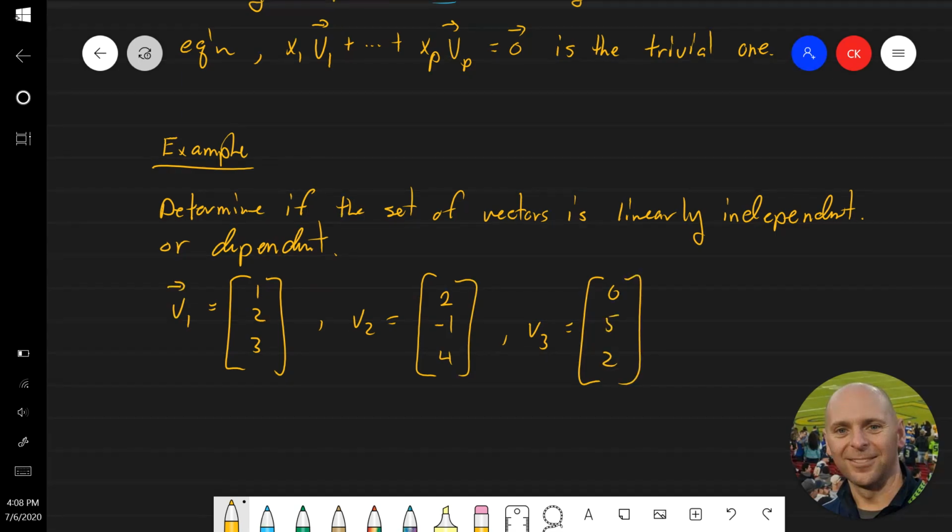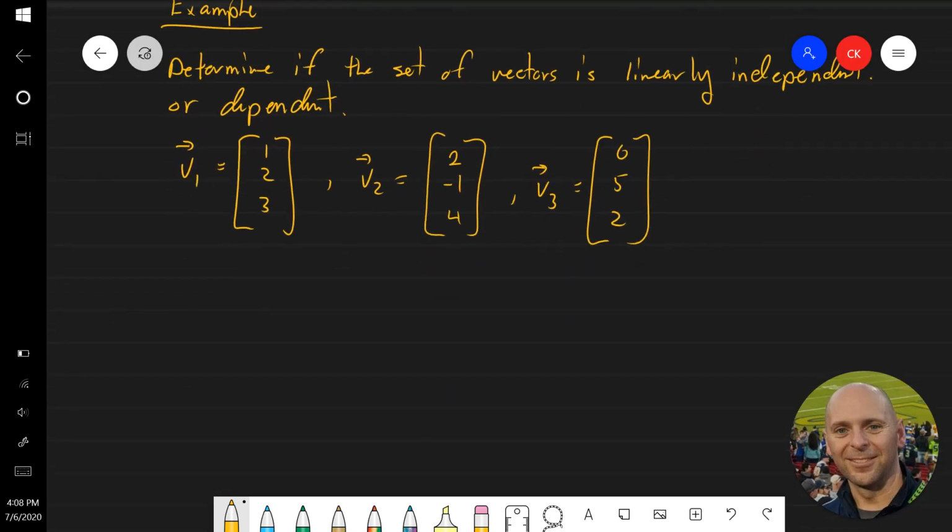So here are our three vectors, and we want to know whether or not these three vectors are linearly independent from each other. Again, the idea is, could you write one of these vectors as a linear combination of maybe the other two? That's what we have to try and establish.